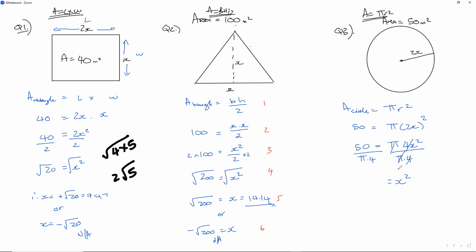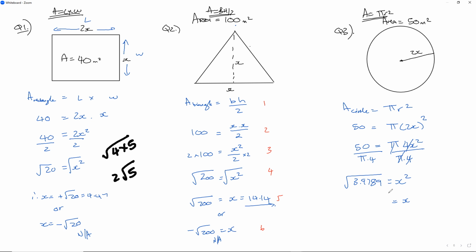If I put 50 over pi times 4 on a calculator, so I can also write it as 4 pi, it will get me 3.97, let's say 3.9789. And if I want to square root that, I'm going to get two answers, a positive and a negative answer for that.